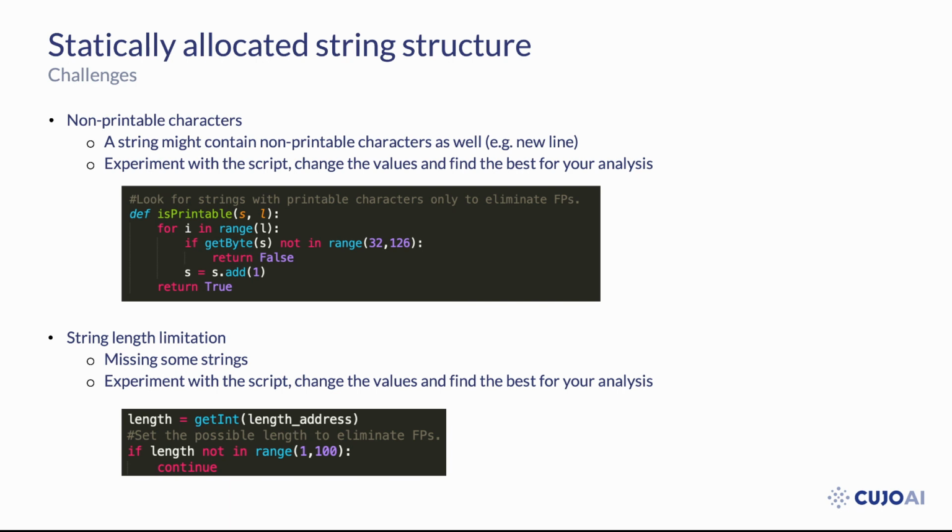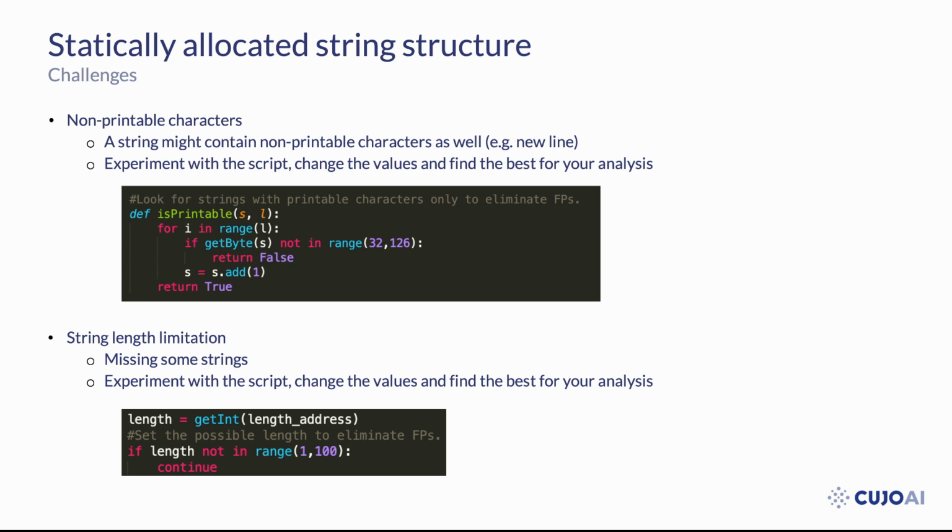So what are the challenges here? First of all, as I already said before, we wanted to eliminate false positives, so we only searched for printable characters, but obviously it's possible that we are looking for something that contains non-printable characters as well. It's a very small part of the script, so if you want to use it, just experiment with it, change the values, and find what is the best for your analysis.